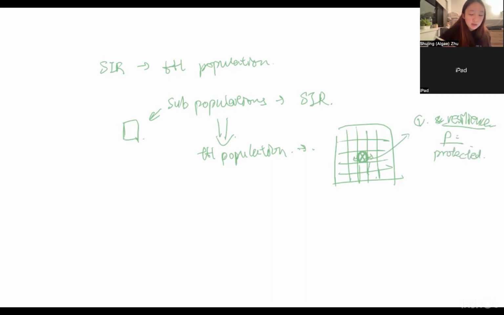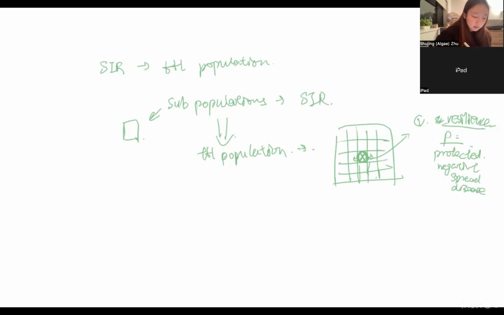In real life, we can think of it as wearing personal protective equipment such as masks, which reduces the likelihood of an infected person spreading the disease to other people. So it has a negative impact on the spread of the disease, which is a good thing.